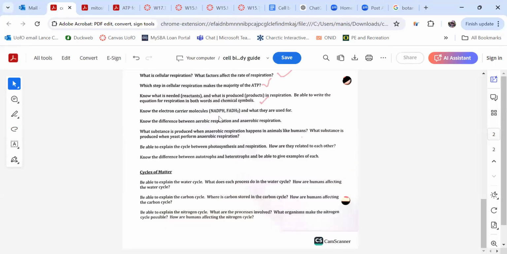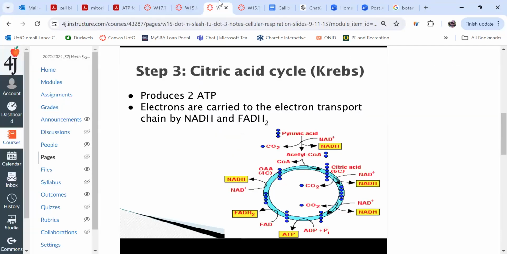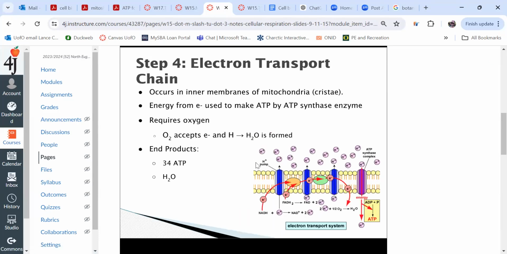And then it also said NADH. All right, now the electron transport chain. We have FADH2 getting turned into FAD plus 2 protons here.